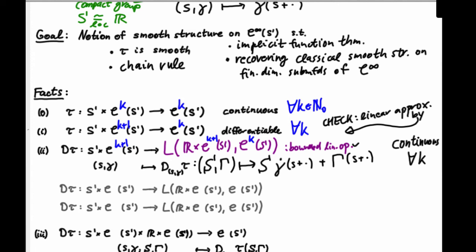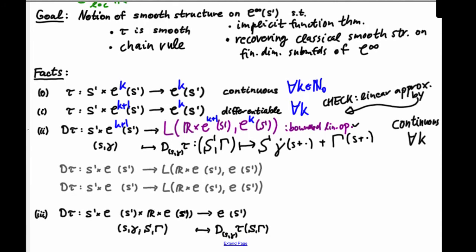So in gamma, that's not so bad. If gamma varies continuously in C^(k+1), then gamma dot varies continuously in C^k. When I vary s a little in S^1, things get a little more complicated there, and that's going to create issues momentarily.